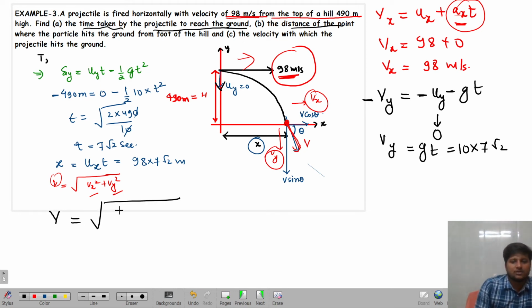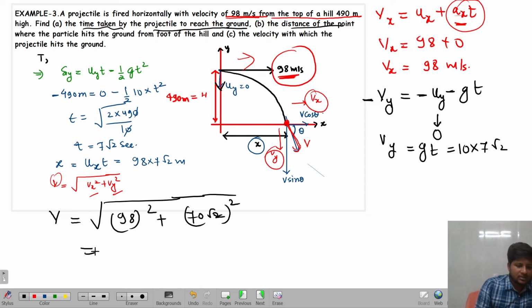That is equal to root of 98 whole square plus 70 root 2 whole square, and if you do this you might get the value. You just try to calculate and you will get this value, yes or no? So with this velocity the particle is hitting the ground.